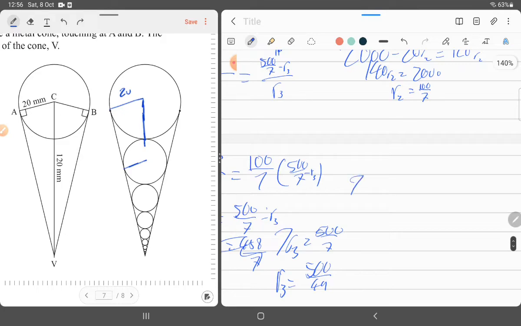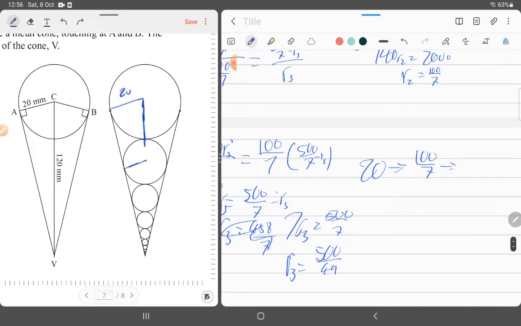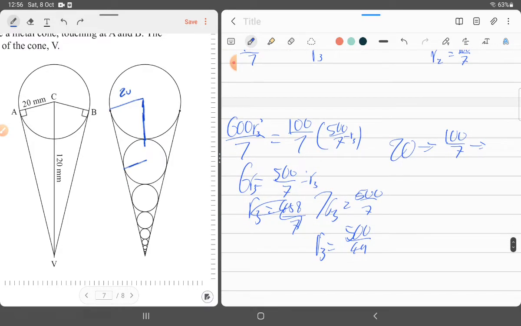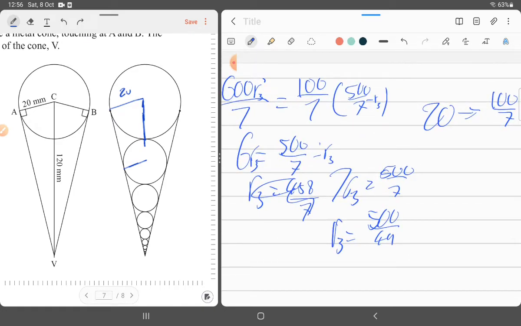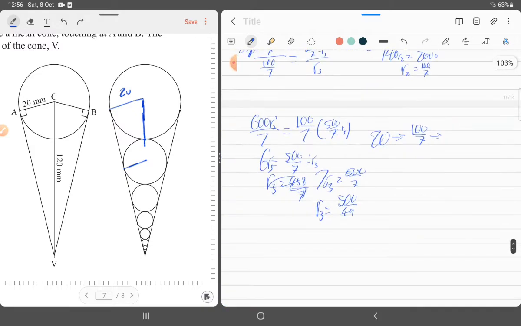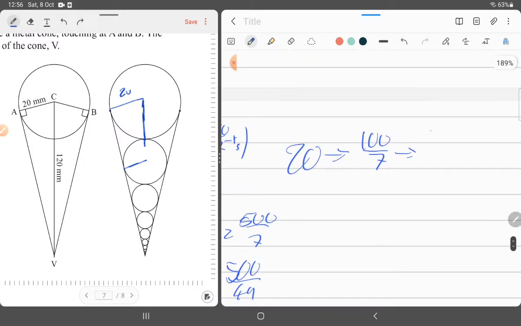So because 22, 100 over 7, over 7 to 5. I think we can just justify this is 20 over 5 over in takeaway 1.